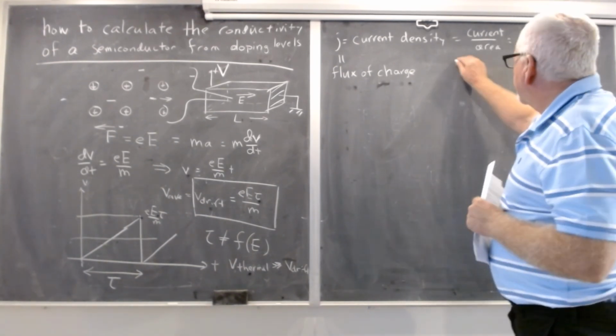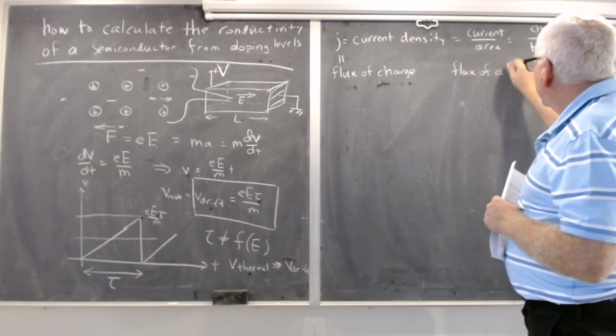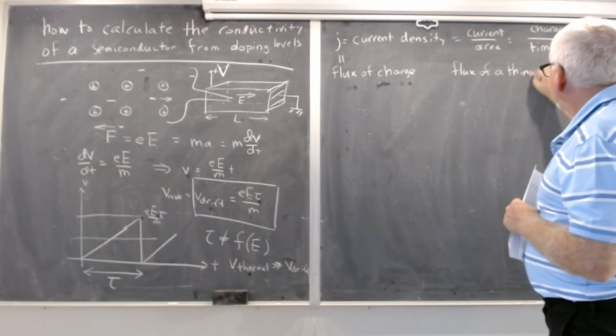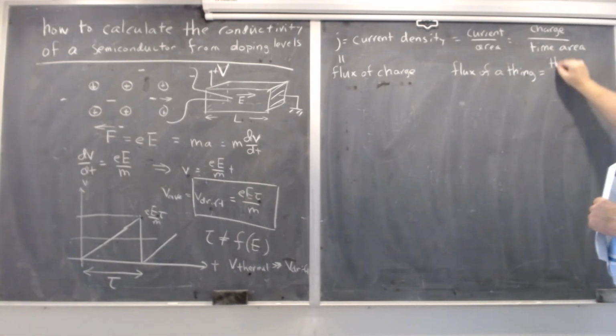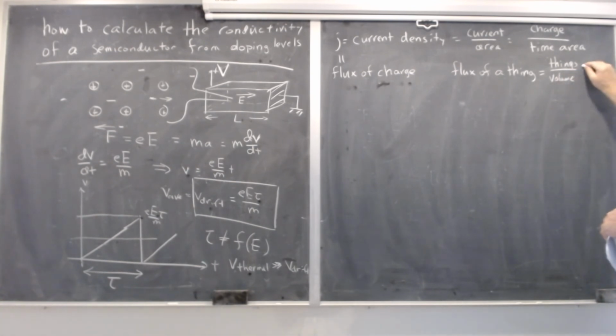the flux of anything, the flux of a thing, is equal to the thing's number per unit volume times the velocity. Okay?